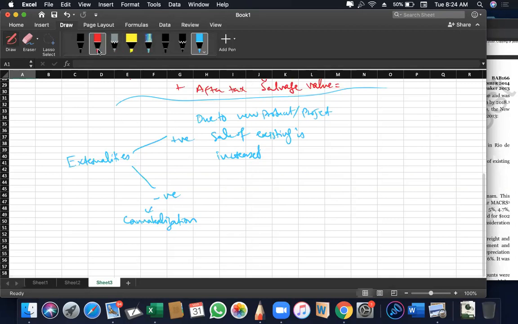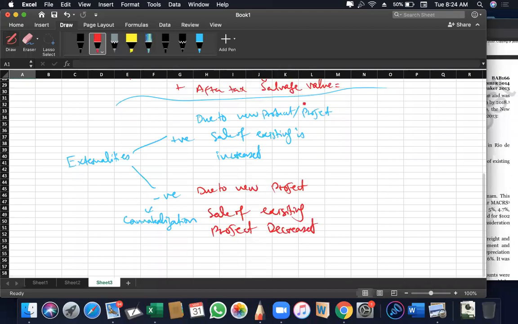And here, due to the new project, the sale of existing project decreased.